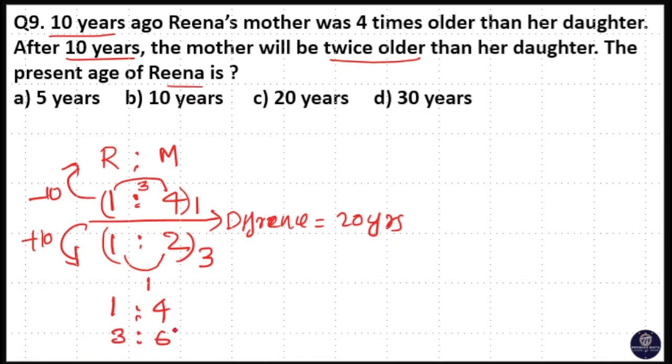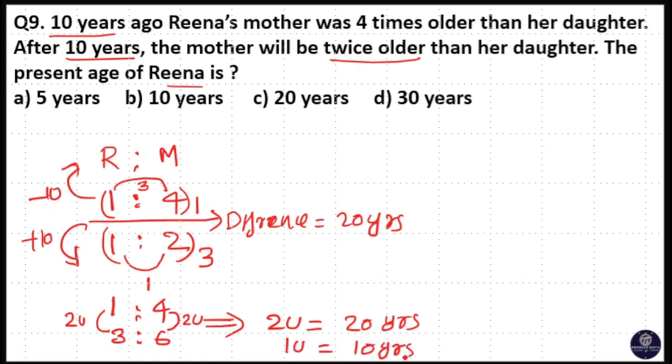That means here you can see the difference between 4 and 6 is 2 units and the difference between 1 and 3 is 2 units. That means 2 units is 20 years. Then 1 unit is equal to 10 years. Here you can see the new ratio is 1 is to 4 and 3 is to 6. 1 unit is equal to 10 years and 4 units is equal to 40 years.